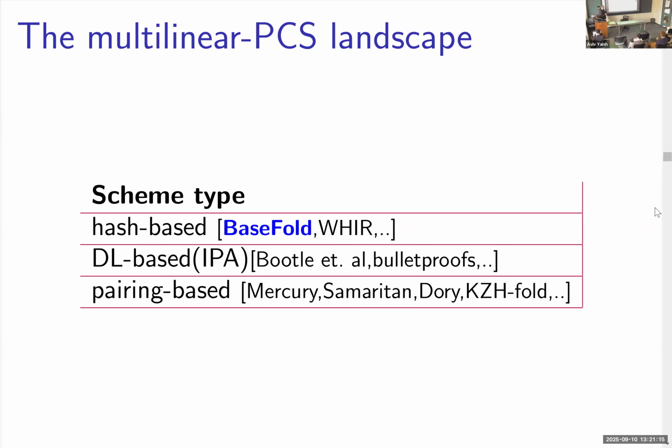And the third category is what we could call pairing based, where we assume we have a group, almost always an elliptic curve group with hard discrete log, but we assume in addition that this group is what's called pairing friendly, which we don't need to get into if you're not familiar, but it gives you basically more power.